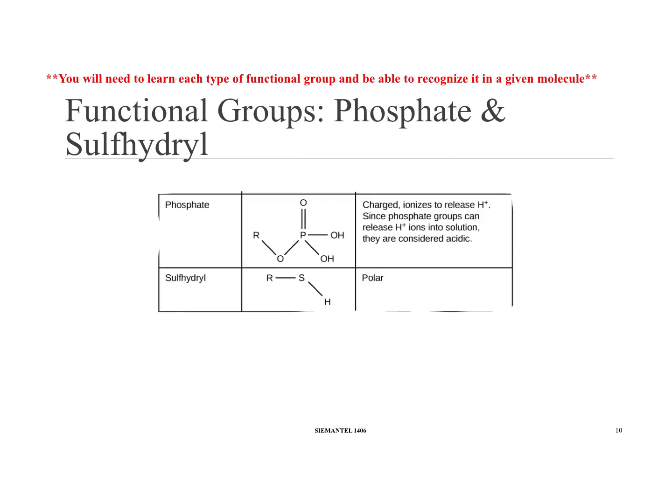Okay, so the next two functional groups are the phosphate group and the sulfhydryl group. Your phosphate group is going to be a phosphate that's double bonded to an oxygen, single bonded to another oxygen, and then single bonded to two more hydroxyl groups.